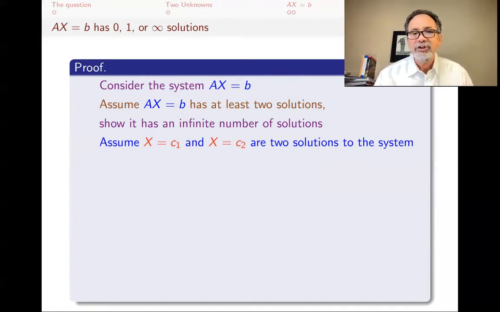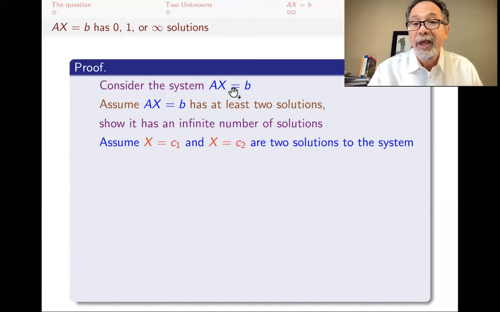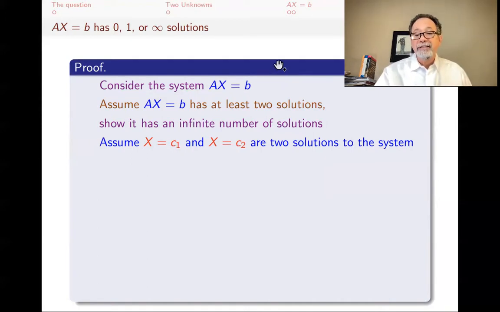Now, what does it mean to say that it's a solution to the system? Well, it means that if instead of every entry in X, we put the corresponding entry in C1, for example, into the system, the two sides are satisfied. Another way of saying that is that if I plug X equals C1 into AX equals B, it should be satisfied.